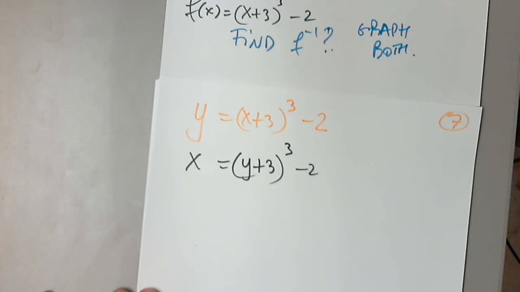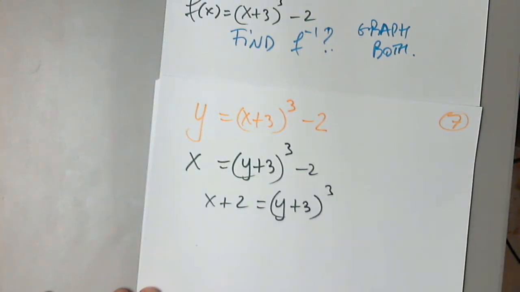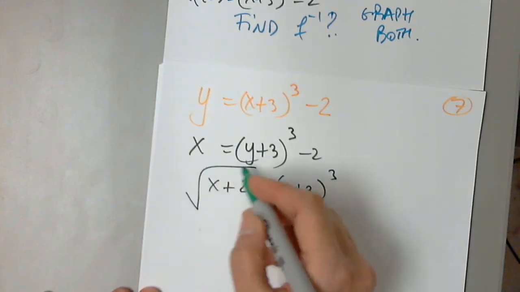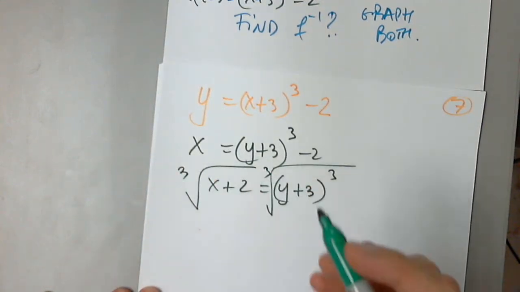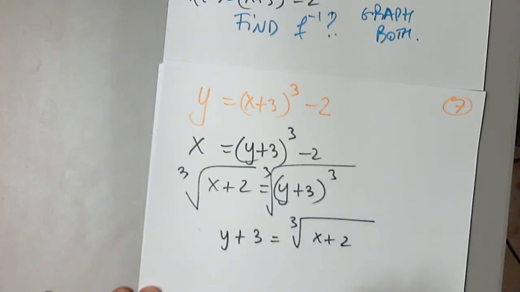Then x plus 2 on both sides. Perfect. Excellent. So y plus 3 equals the cube root of x plus 2. Great job.